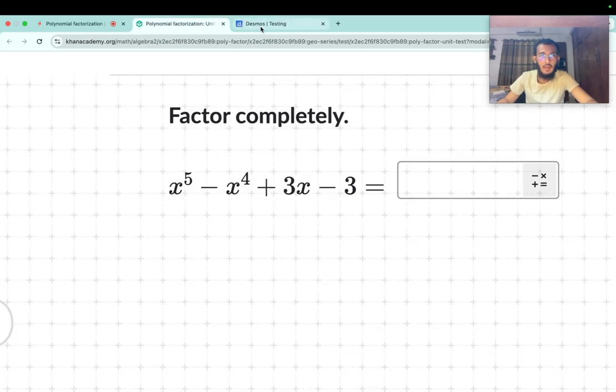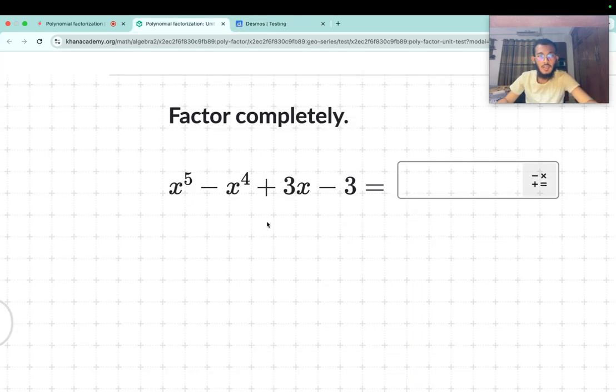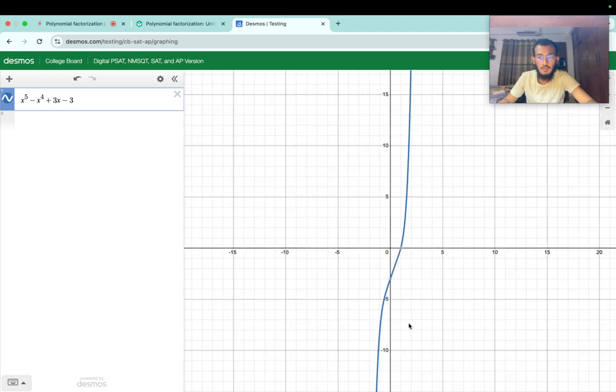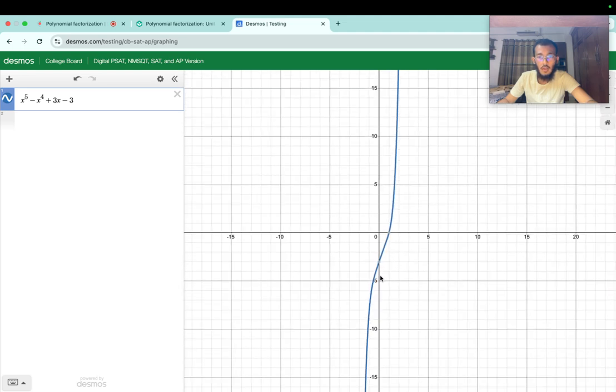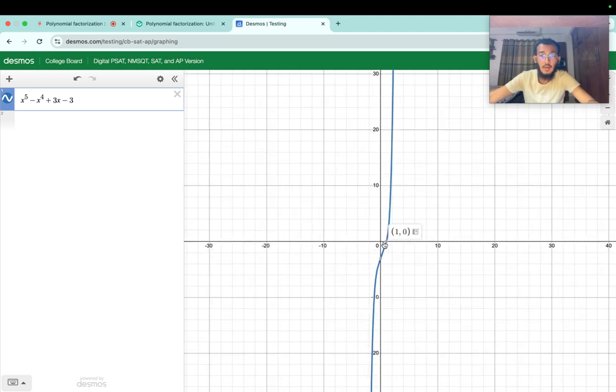So x to the power 5, then we have negative x to the power 4, plus 3x, minus 3. So what do we get? We get 1. x equals 1 is the only root.